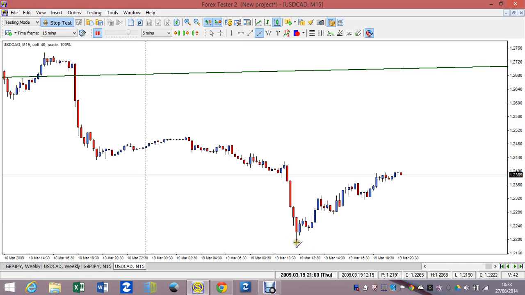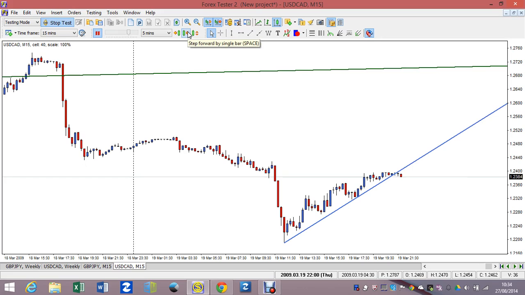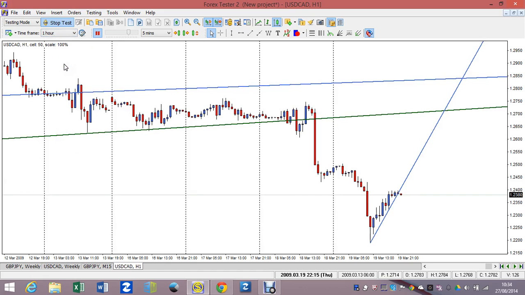This is the 15-minute chart. This is pretty aggressive, but okay, how do we look on the hourly?